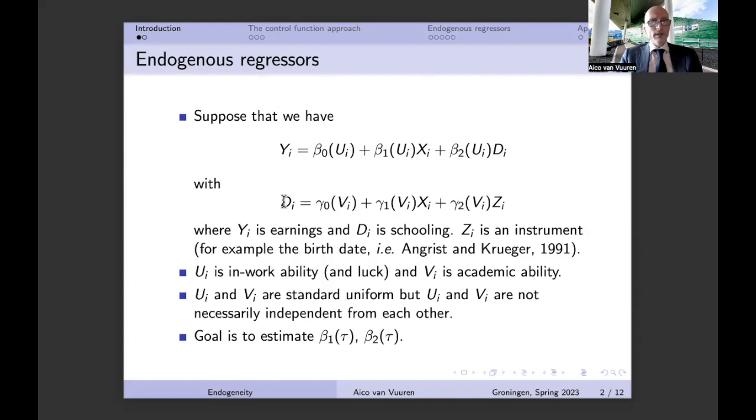And we should now realize what we actually do when we look at the distribution function of D conditional on x and z. That is nothing else than the ranking: how many percent are going to be higher or lower than you, given the x and the z. So the ranking of D, the distribution conditional on x and z, should actually be the same as the V that we have over here.